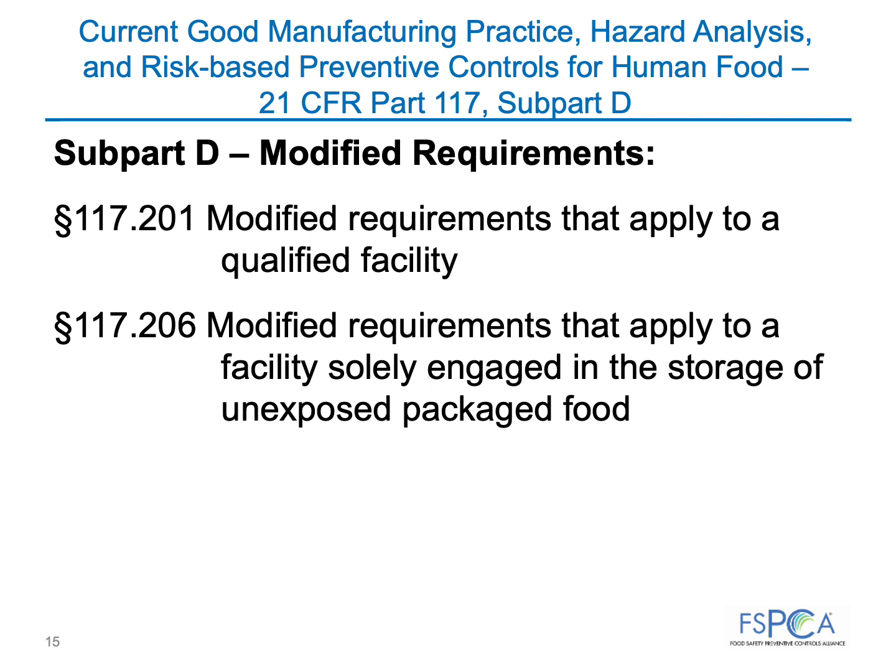Facilities solely engaged in the storage of unexposed packaged food, such as a warehouse that requires time temperature control for safety, are exempt from subparts C and G, but are subject to subparts A, B, D, and F, unless another exemption applies.